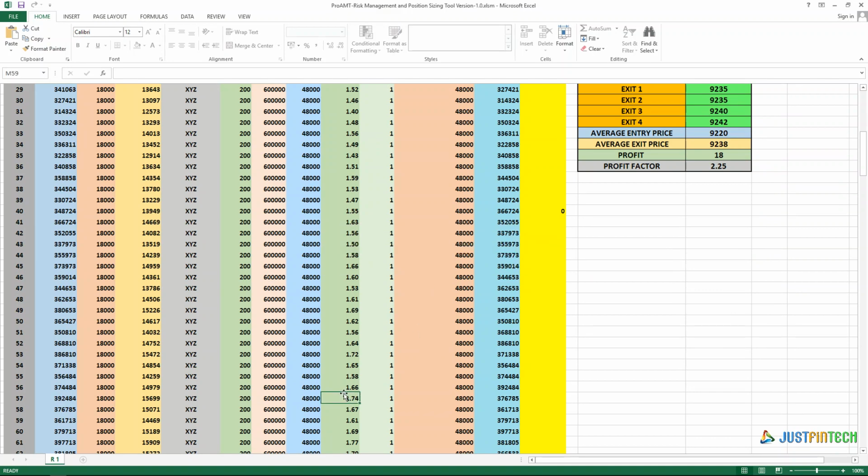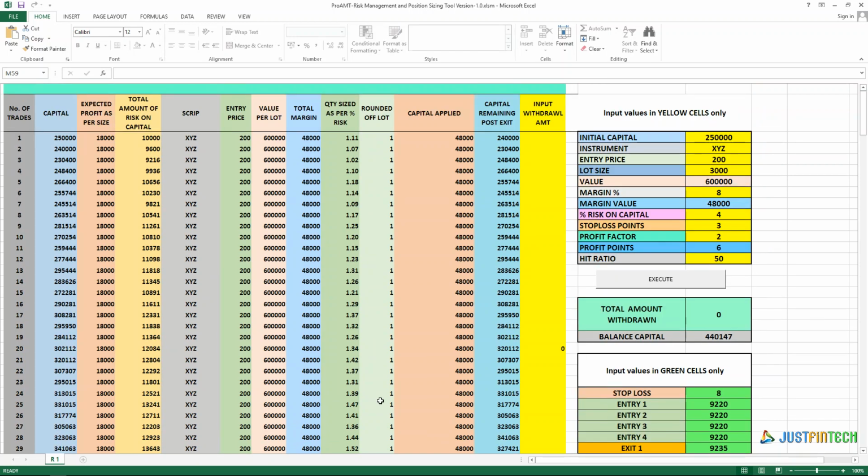So I would increase the capital a bit so that I can trade two lots and get multiple exits. There are many different ways to do it, but I would suggest the simplest way: put your capital here, put all the other input parameters, and try to check where you stand.